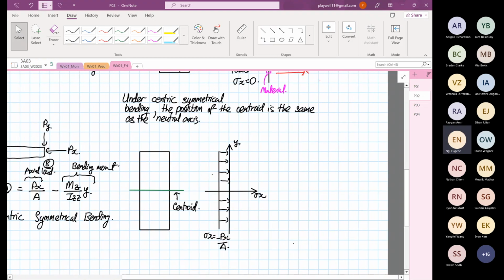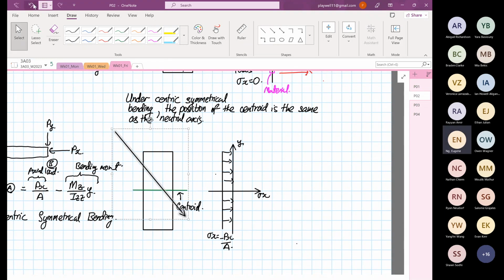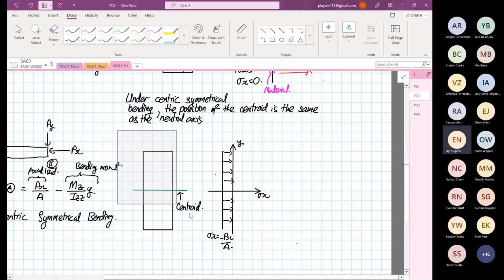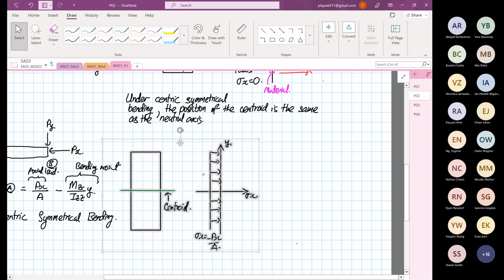And then due to bending, I'm going to sketch the bending now.